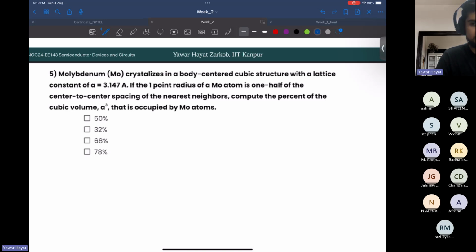Is it 50%? Should it be 32%? Should it be 68%? Should it be 78%? Okay, how will you approach this question? See, if any one of you would have unmuted yourself, the feedback would have been a real time one, right?